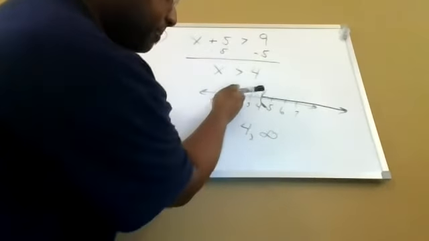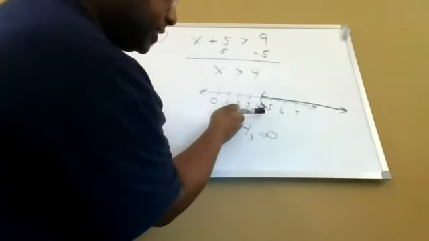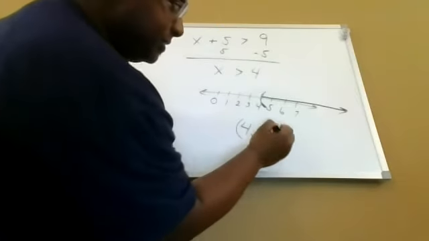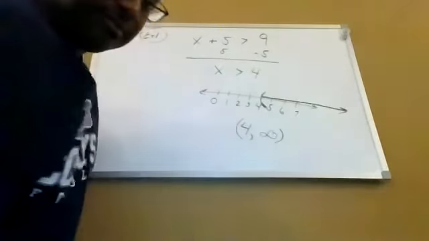And since I have a parenthesis here on my number line, I'm going to have a parenthesis here. Remember, we have a parenthesis because my symbol was greater than. And then for infinity, we're also going to have a parenthesis.